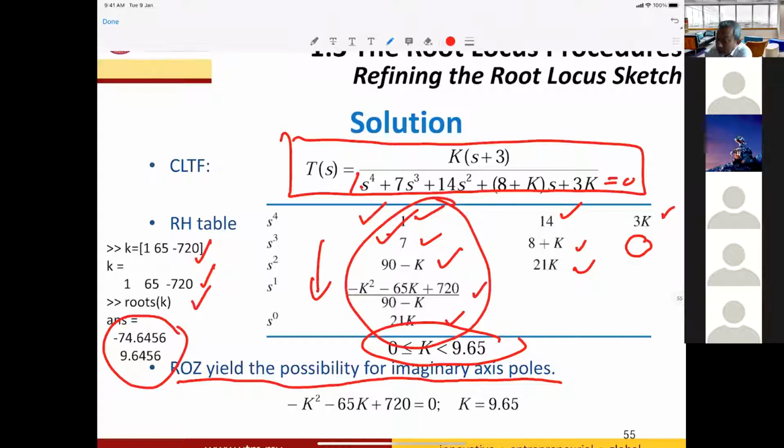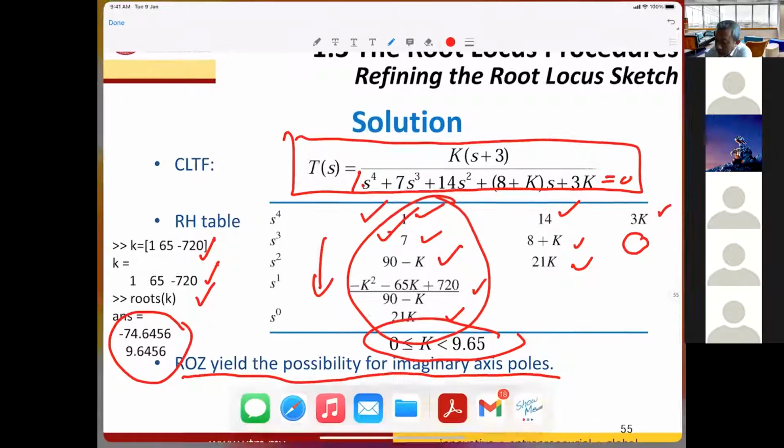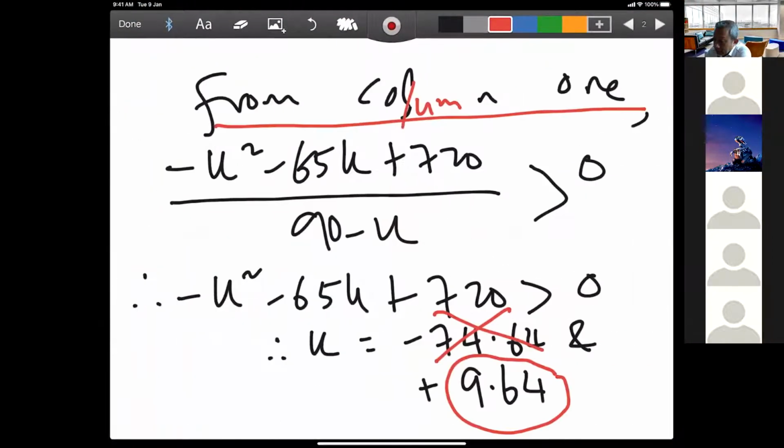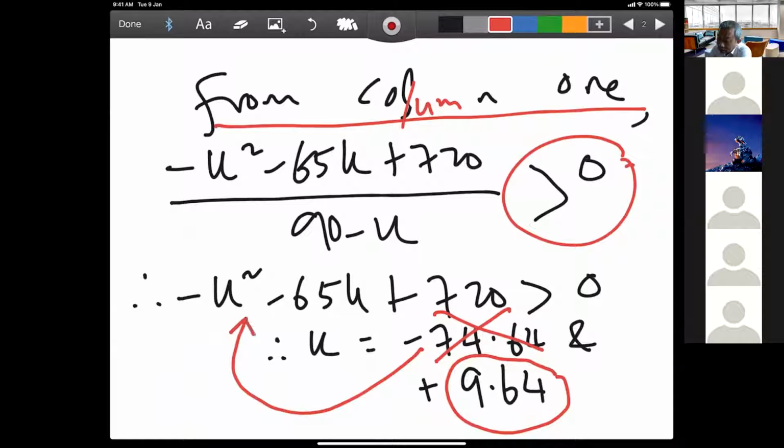In order to be stable, the first column must be greater than 0. That's why minus 74 is not included, only plus 9.64, because when you insert minus 74.64 into these equations, you will not get greater than 0.